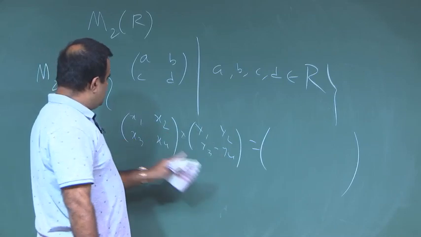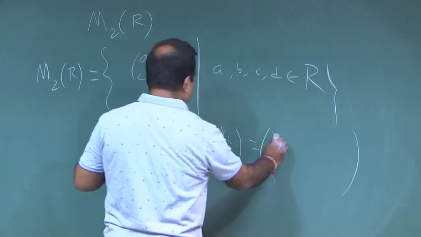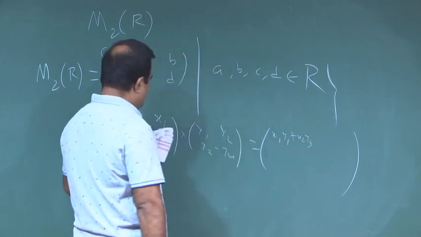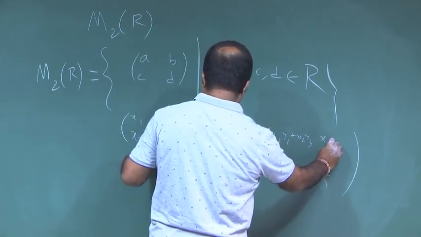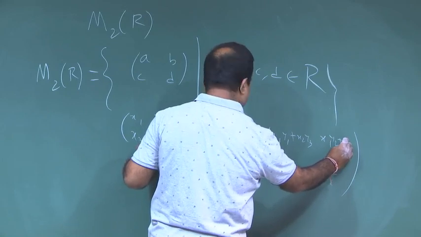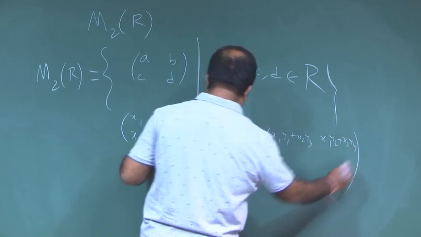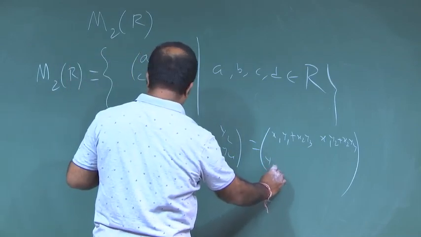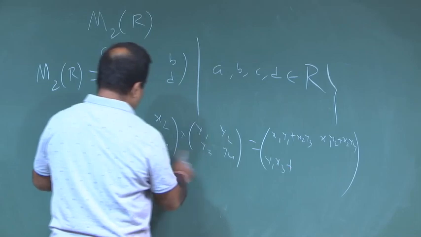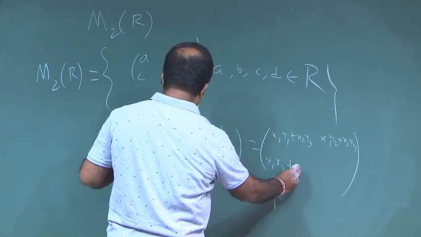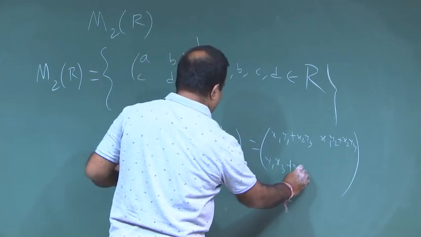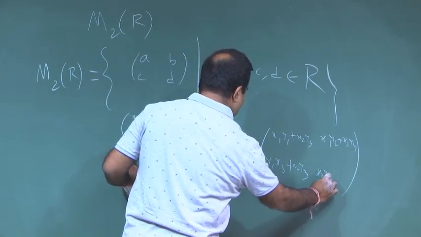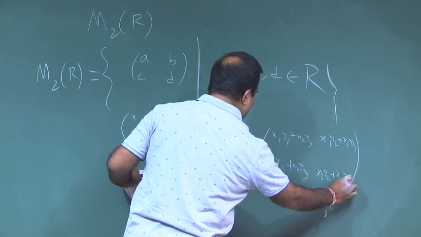Now, this is basically x1 y1 plus x2 y3, and then here x1 y2 plus x2 y4, and then we have x3 y1 plus x4 y3, then x3 y2 plus x4 y4.